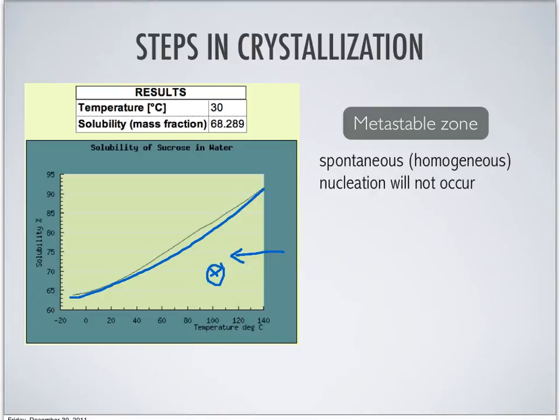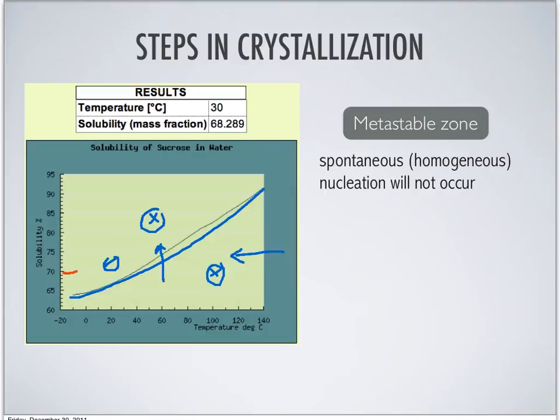Whereas if we go above this line, any point here is in the supersaturated state, and crystallization is thermodynamically possible, or theoretically possible. But it is not always the case. Although the solution is already supersaturated, meaning we are already above the solubility line, and by right we should get crystallization to start, there is actually a zone.